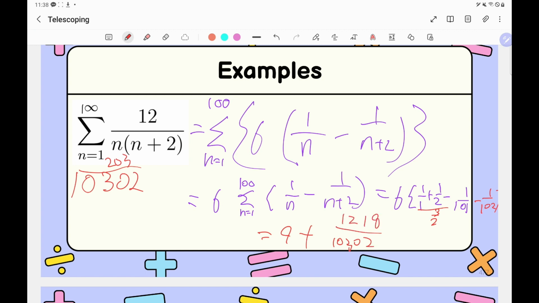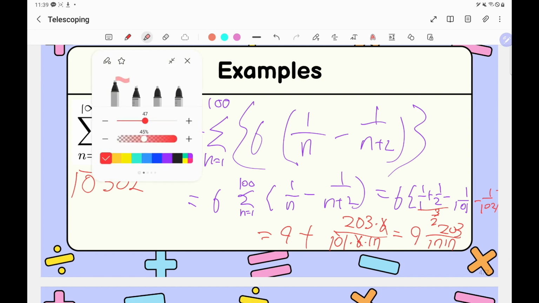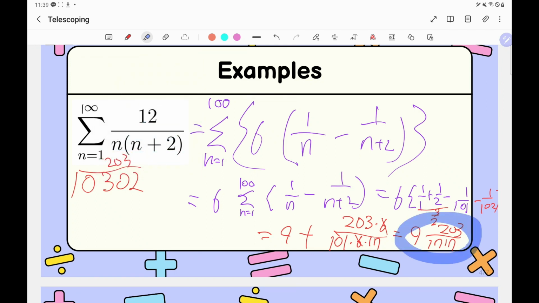Okay? Understand? So 101 times 102 is actually 101 times 6 times 17, right? Yes. And this is 203 times 6. So this is actually 9 and 1717 over 203. In American algebra, and in Korean, Chinese, Japanese algebra, we do not write in this format of, what's this called?